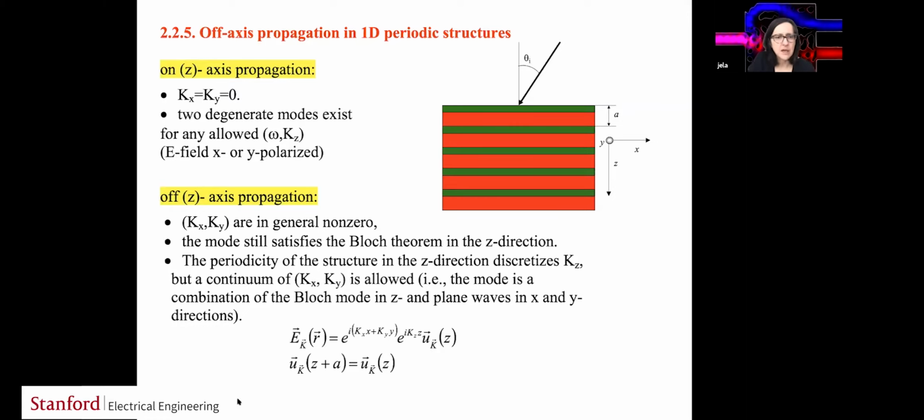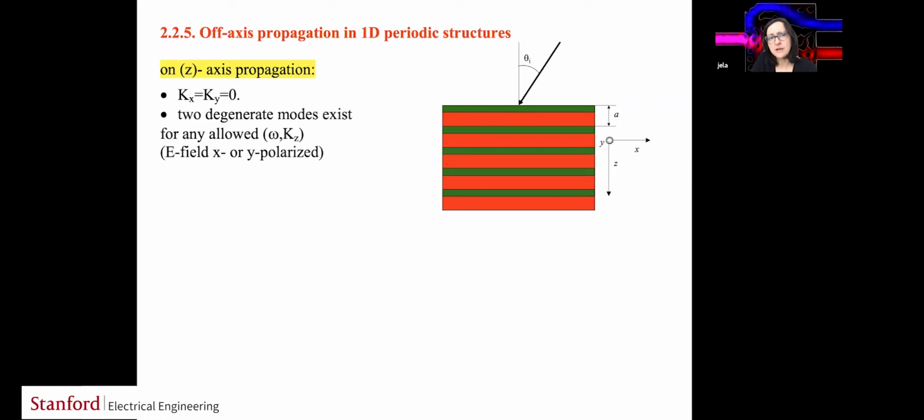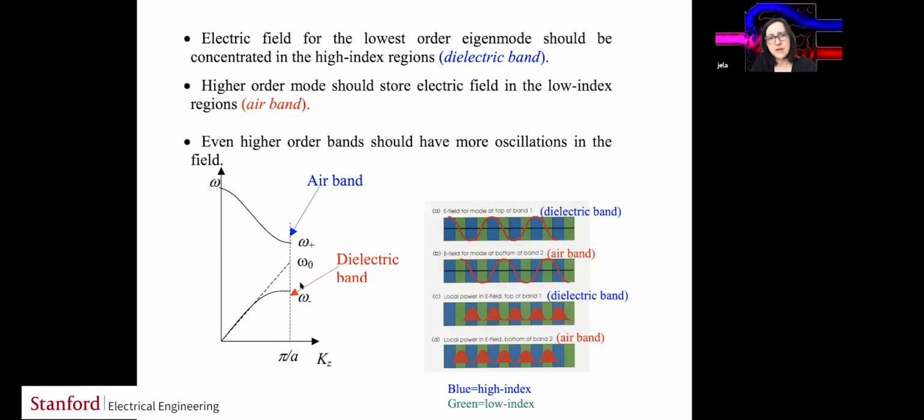Because if you go back to the band diagram that we plotted, you will say, well, this is perfect. I have a photonic band gap here, and no matter what I do, I can always use this to perfectly confine light at frequency omega naught inside of the band gap. But that's not always the case, because this is just drawn for propagation in the direction perpendicular to mirrors, which is the z-axis.